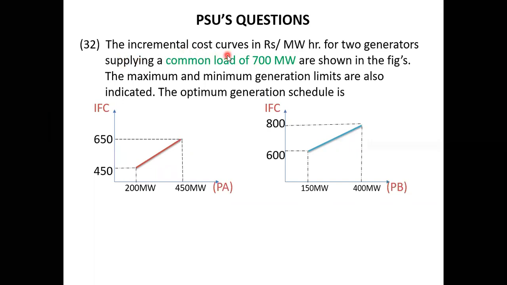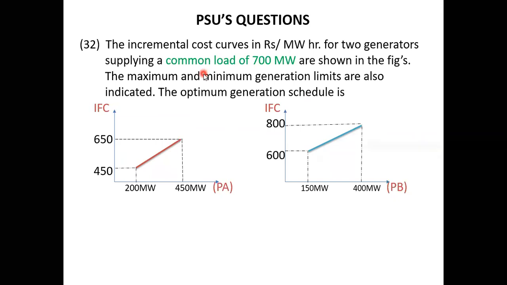The incremental cost curves in rupees per megawatt hour for two generators supplying a common load of 700 megawatts are shown in the figures. The maximum and minimum generation limits are also present in the given characteristics. Then, what could be the optimum generation schedule by generator A and generator B?